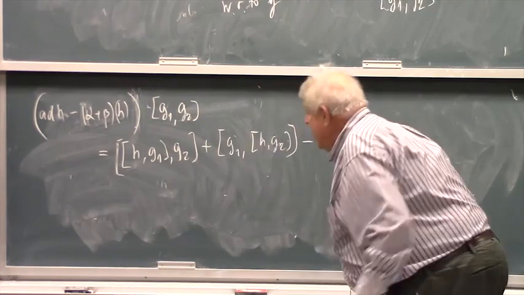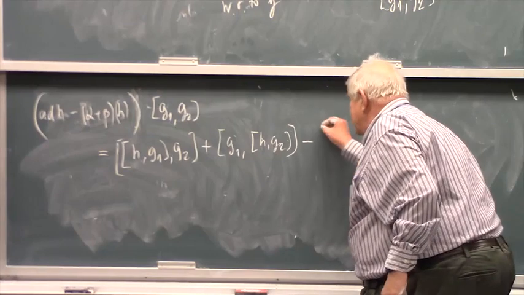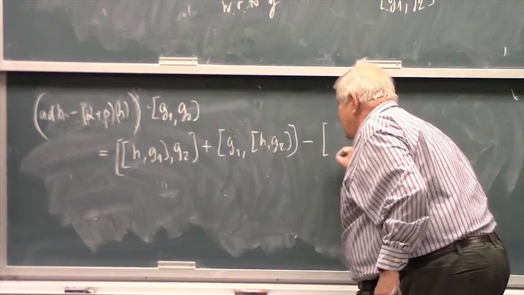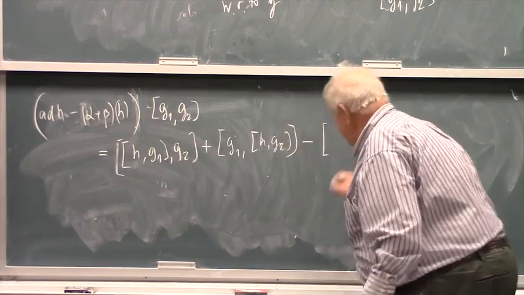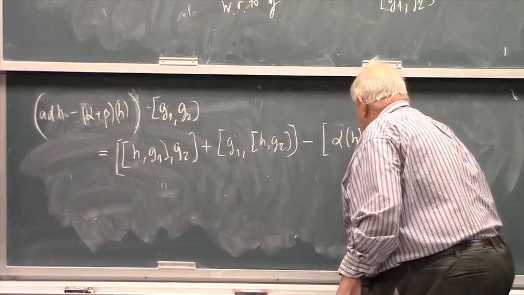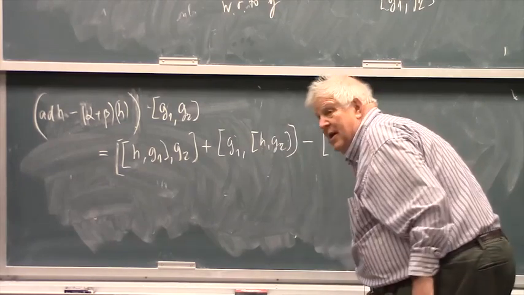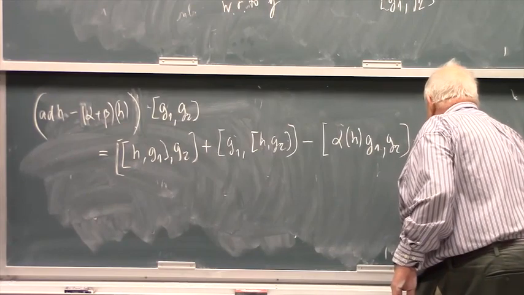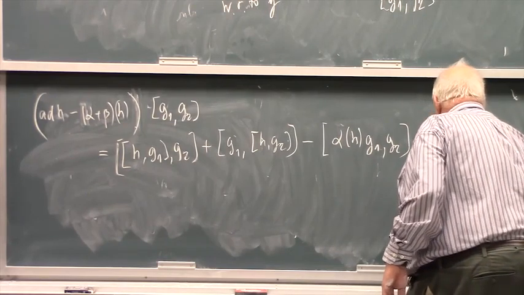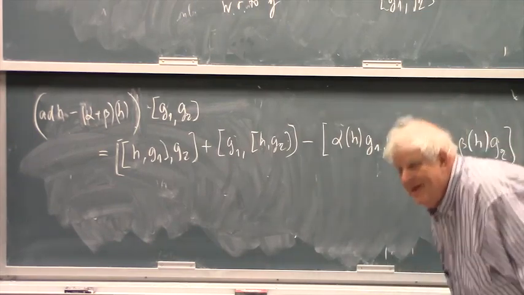I apply this to this and subtract, and I prefer to write this as two different terms. So first I take alpha of H on G1, G2, and second I take G1, beta of H on G2, if you don't mind.